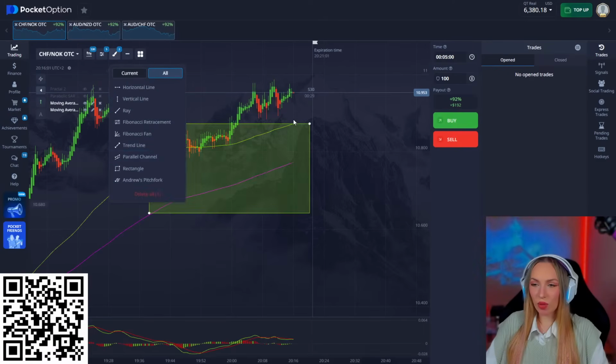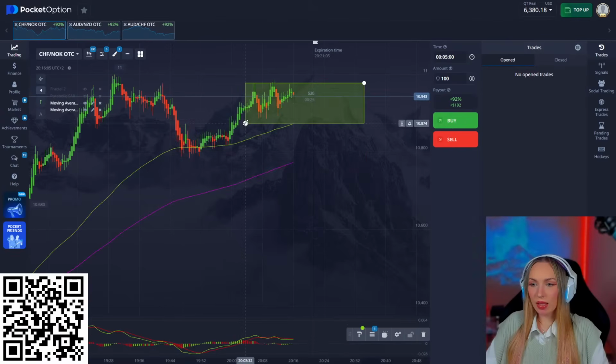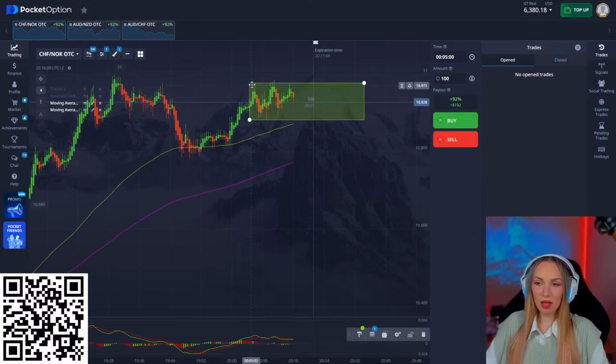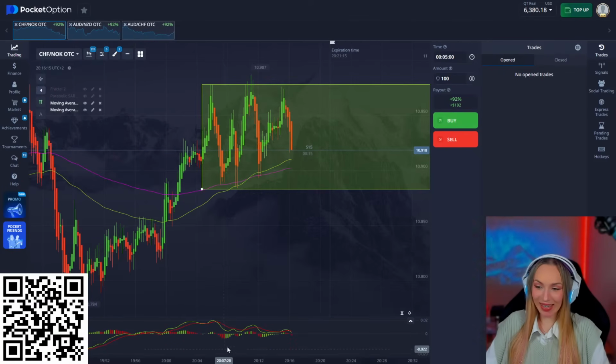Anyway, I would love to open a trade here in the upward direction, but it looks like a little bit of laterality, you see? Goes up, and so on. So maybe we can open the trade here on a 50 second time frame. What do we have here? 806, 807.